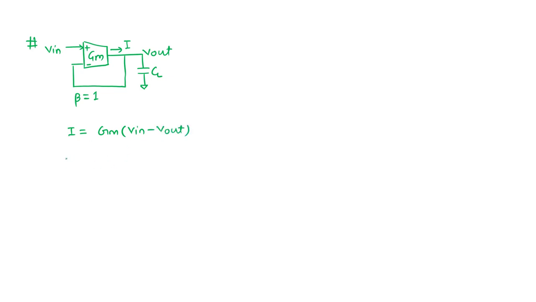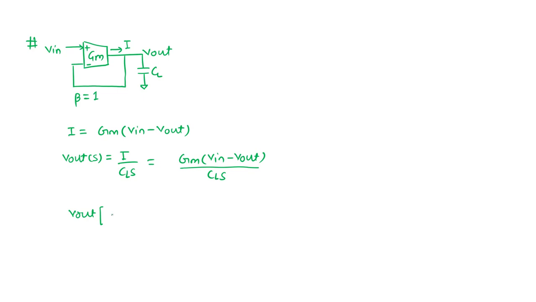So this is the current that is charging this CL, and in the frequency domain we will get V out as this I divided by this admittance, which is CLS. So it is nothing but GM times (V in minus V out) by CLS. Okay, so we can separate this V out on this side.